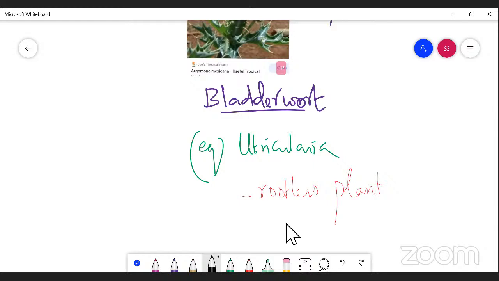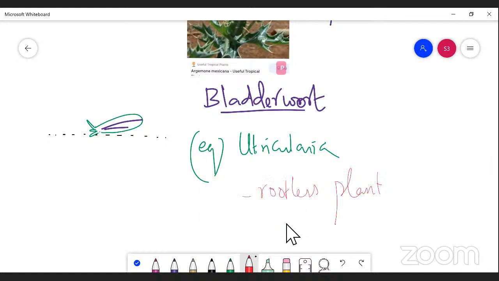Now, this is a water body, right? In which there is a bladder structure, which is green in color. My dear students, just see, this is the nature of the leaf bladder, right? So simply it floats.